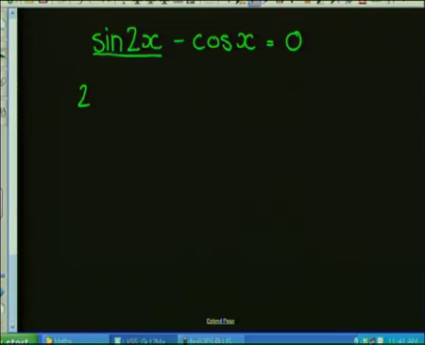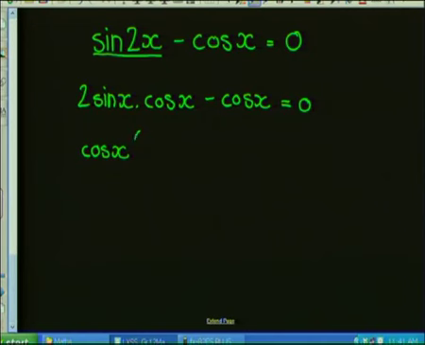So our next step is to rewrite sine 2x as 2 sine x times cos x. We need to simplify this, minus cos x, and that is equal to 0. Now we notice that we have a common factor of cos x, so we rewrite this as cos x times (2 sine x minus 1) equals 0.